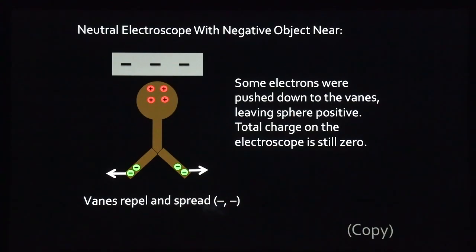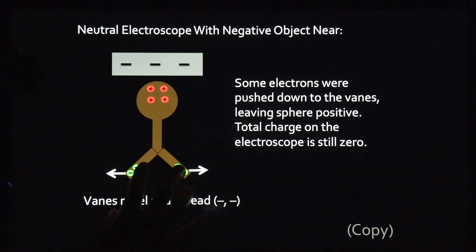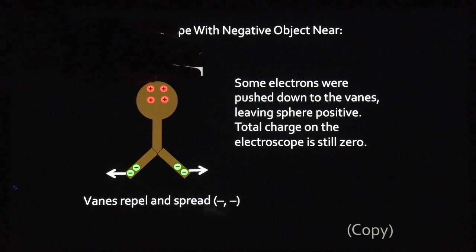Alright, so now I'm going to show you another demonstration of what happens when I take this negative away. And I'll tell you first, and then you'll see it in the video. If I take this negative bar away, what'll happen is these negatives here are no longer repelled away from those protons up here. So they're going to return back up and neutralize.